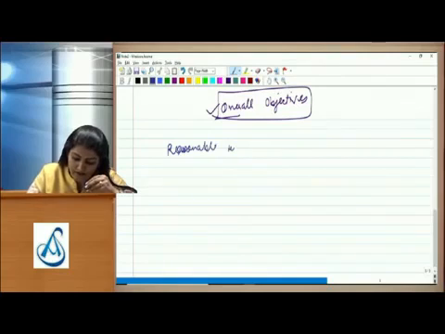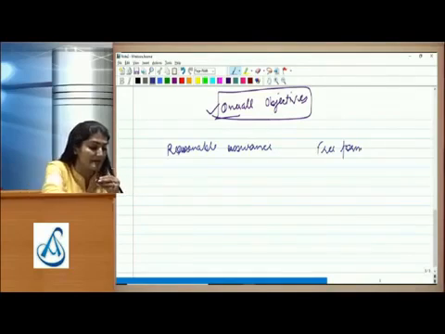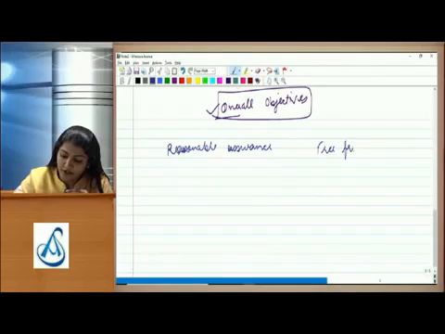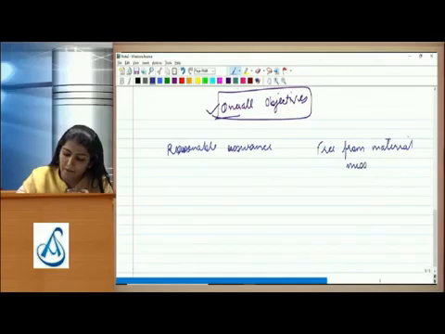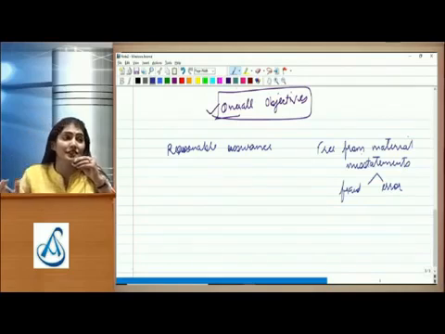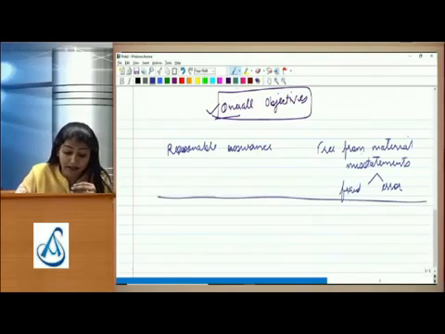Reasonable assurance that the financial statements are free from material misstatements, whether due to fraud or error, intentional or unintentional. It could be intentional or it could be unintentional. Free from material misstatement, whether due to fraud or error, thereby enabling the auditor.